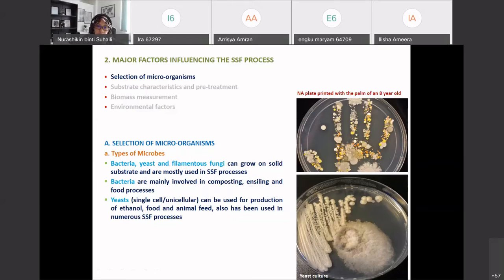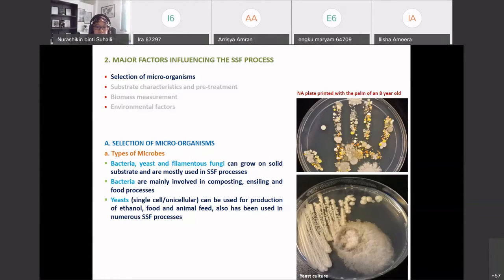We know that microorganisms comprise bacteria, yeast, and fungi. By right now you should know, if you come across any scientific name, if you come across any fermentation process, you should know whether it is a bacterial, yeast, or fungal fermentation. That is something you should know by the end of this course.